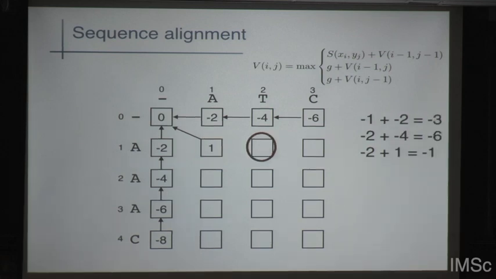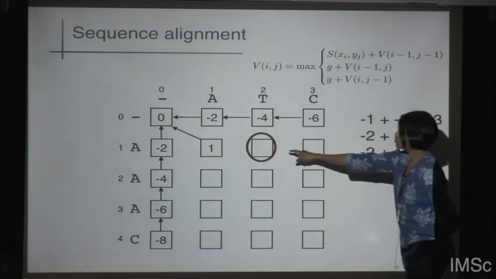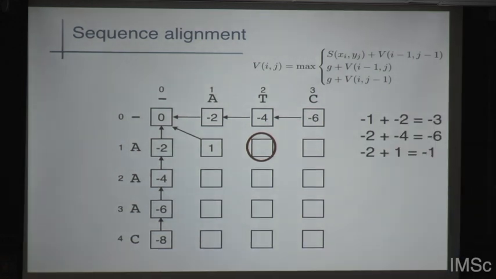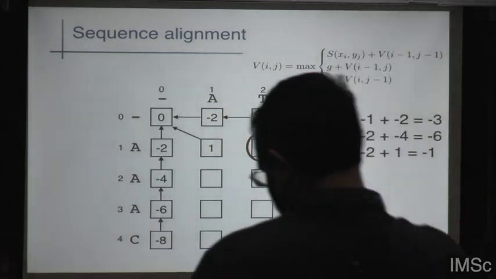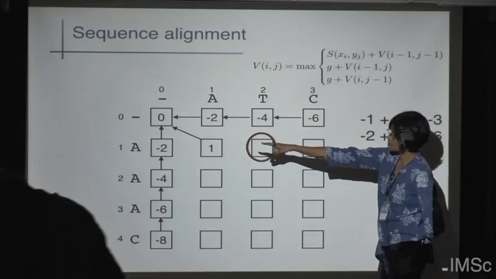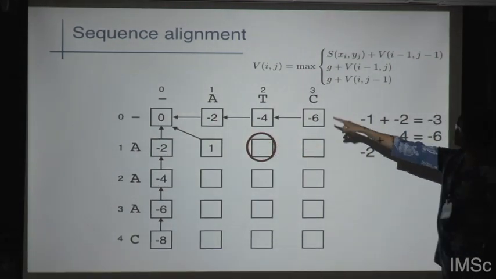The next one, matching A and T, a mismatch is a -1, plus the i minus 1, j minus 1 value, that is -2 there. So what is this cell telling you really? What is the best alignment score when you are aligning just that A with AT?